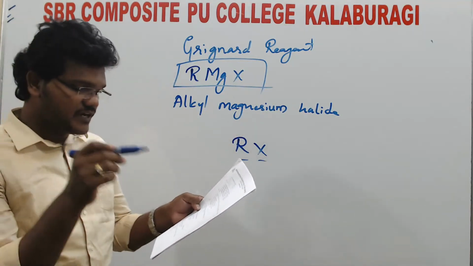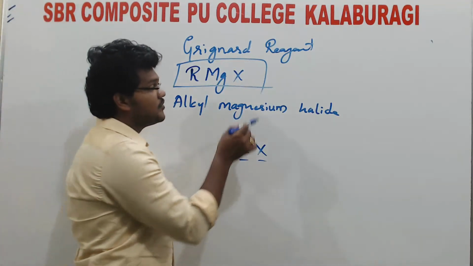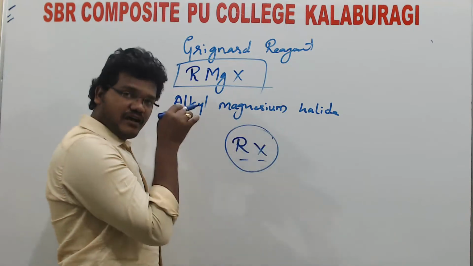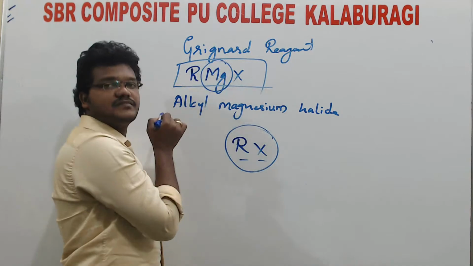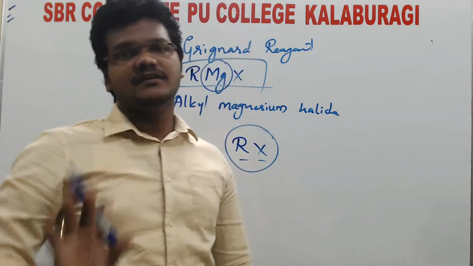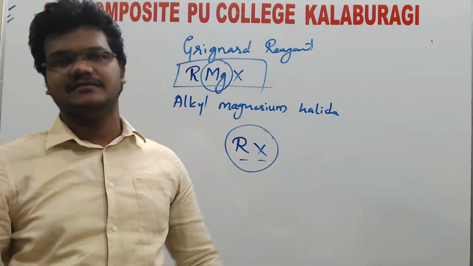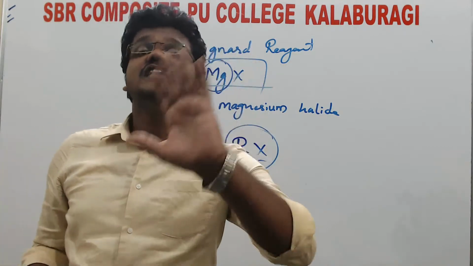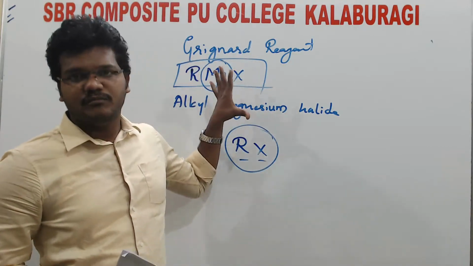In the preparation of Grignard reagent from haloalkane, which metal is used? If I am having alkyl halide, then obviously magnesium, because Grignard reagent is an organomagnesium or organometallic compound. So there will be magnesium in Grignard reagent. Please remember this, it is very important and a very reactive compound.